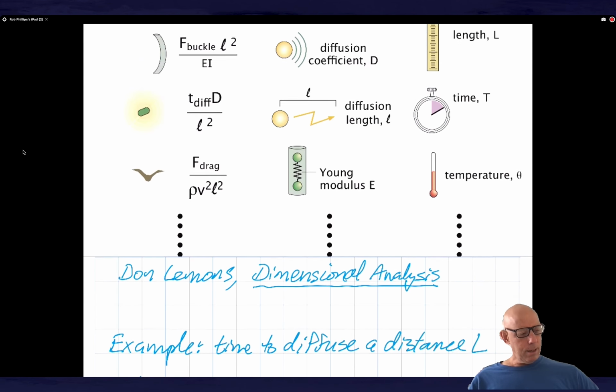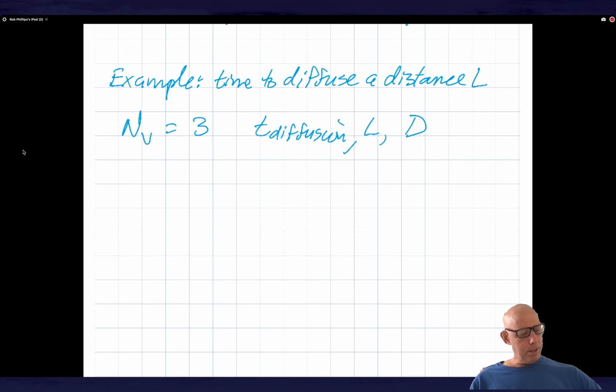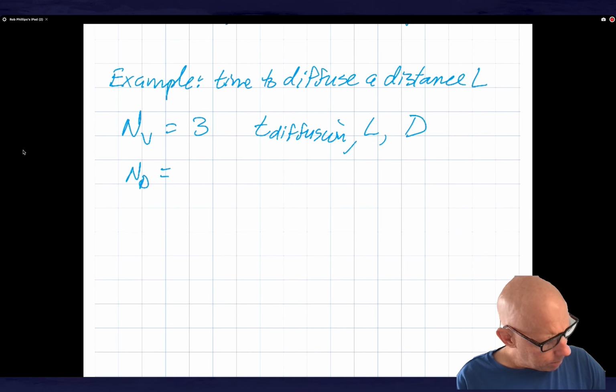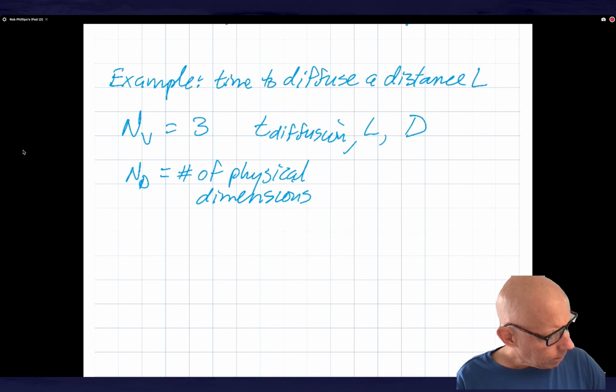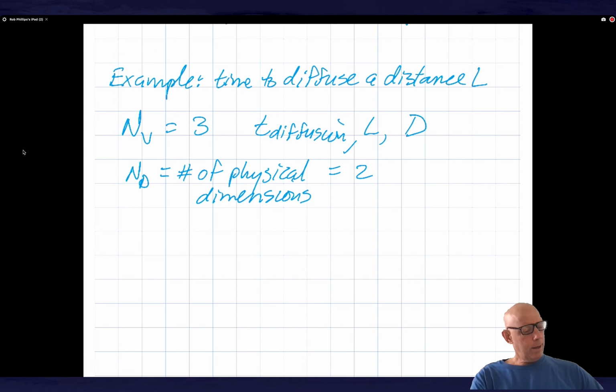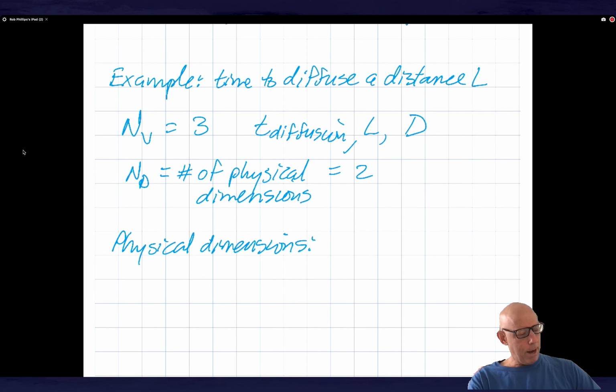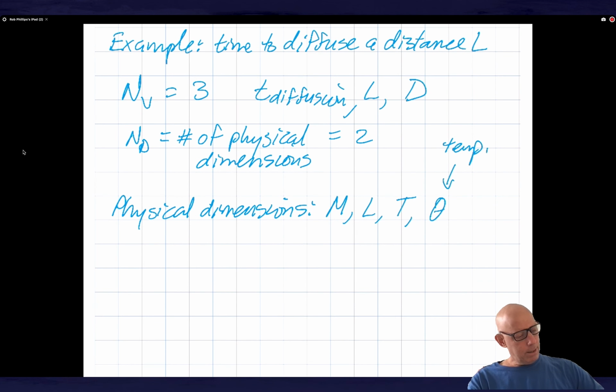Then the next thing on the right-hand side was this number of physical dimensions, ND. And here, for this case, it's equal to 2. Now, how do I know that? Because physical dimensions, just to give you a sense of it, and I'm going to do this again repeatedly, so we're going to come back to this, but you could have mass, you could have length, you could have time, you could have temperature. And what I see is that L and D only involve length and time.